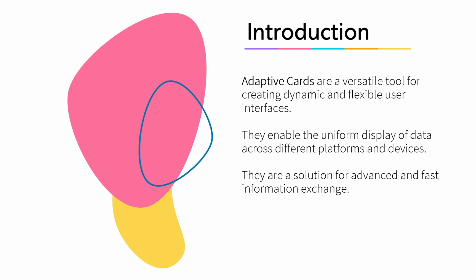It's really nice because with adaptive cards you have the same user experience across different devices. For example, you can send adaptive cards to Teams, to a web application, to email, and have the same graphical aspect on different devices. It's a really nice and fast solution for information exchange with your user.